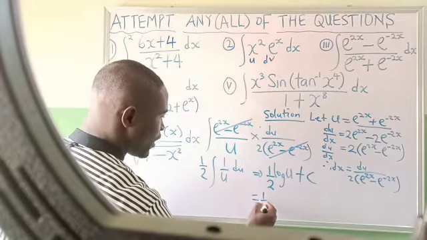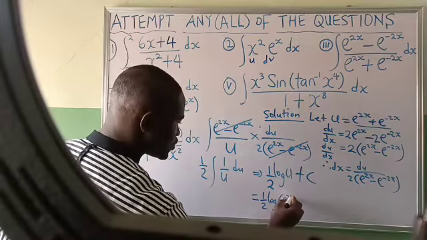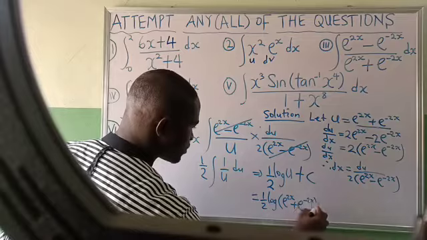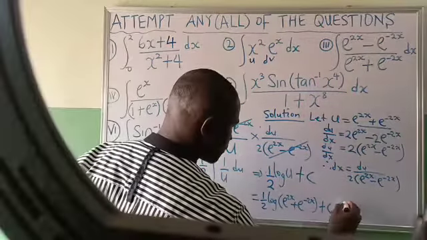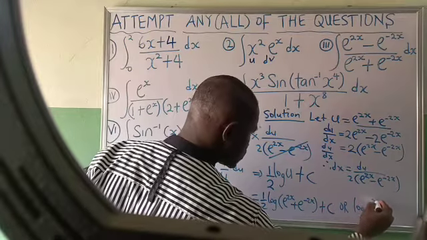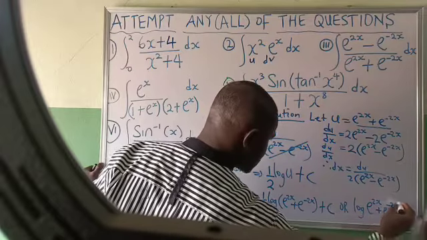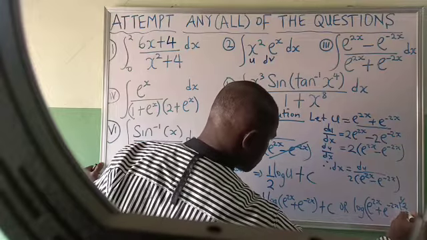It equals 1 over 2 log of exponential 2x plus exponential minus 2x plus c, or log of exponential 2x plus exponential minus 2x all raised to the power of 1 over 2 plus c.